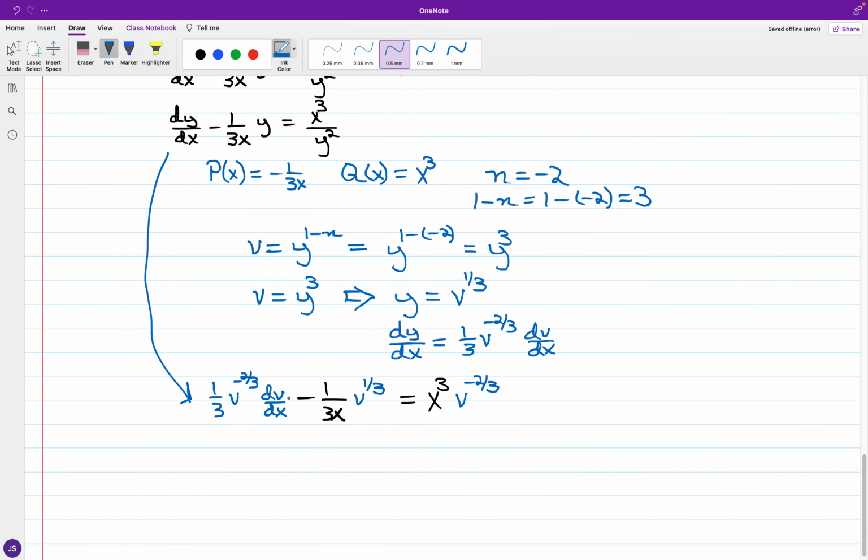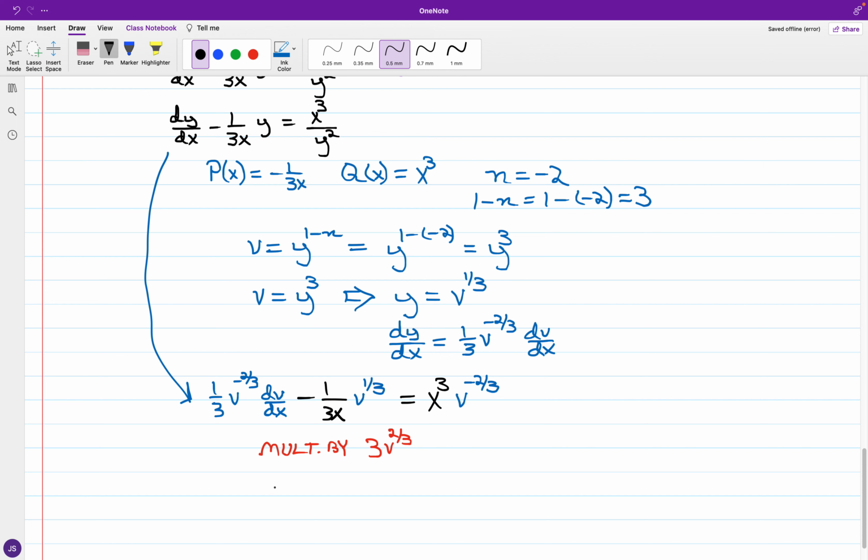I want to put the first term as dv over dx. So I'm going to take care of the 1/3 by multiplying by 3, and v to the negative 2/3 by also multiplying by v to the positive 2/3. So multiplying the equation by 3 times v to the 2/3.